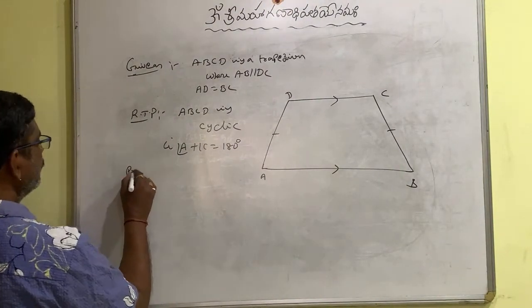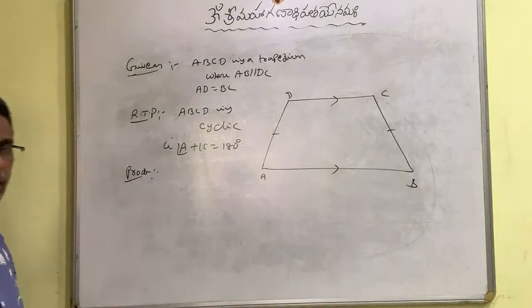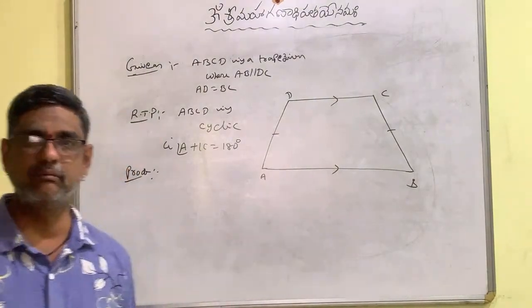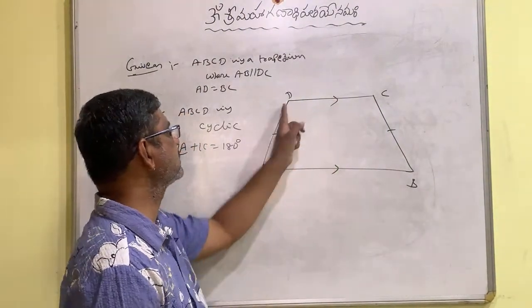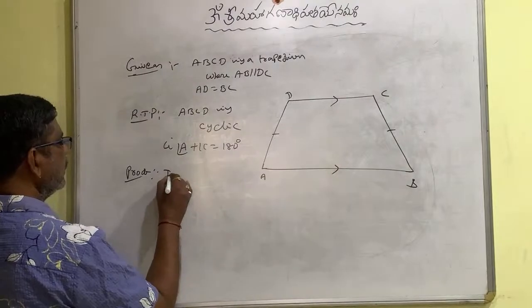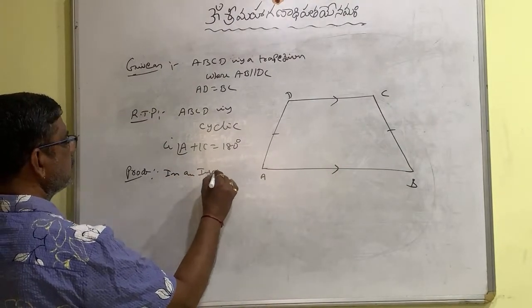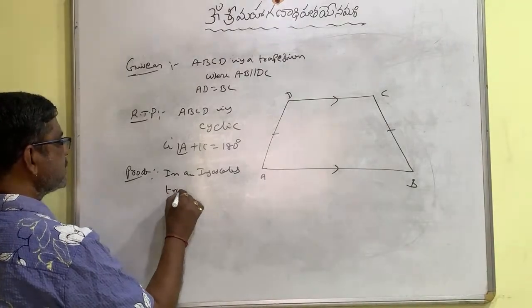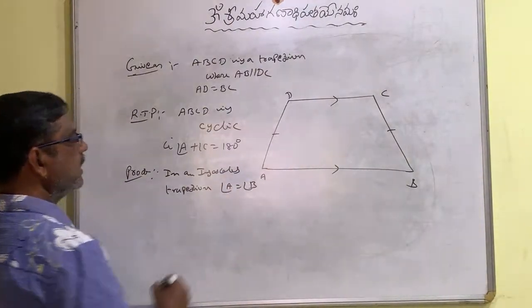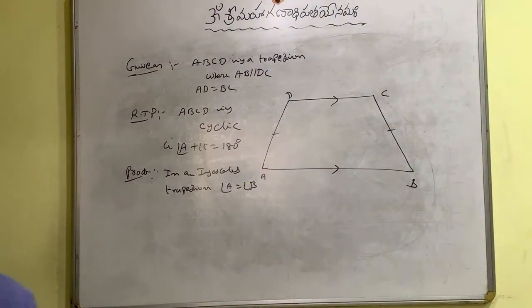Now, proof. There is a property in the quadrilaterals topic. In an isosceles trapezium, the base angles are equal as well as the top angles. In an isosceles trapezium, angle A is equal to angle B. It was proved in the quadrilaterals topic.